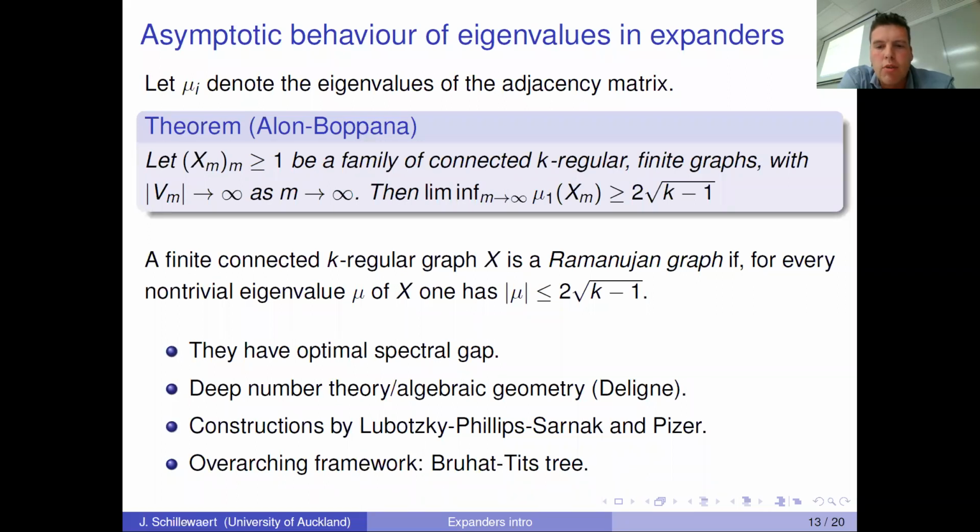I won't dwell on that too much, but with the Margulis construction, I didn't say that, but basically these graphs all come from some overarching infinite objects, and then you take quotients, and like that you get a family that grows. Here it's the same. I will give hands-on constructions, and you will see it depends on a parameter that can then grow. But you can also describe it as quotients coming from an infinite object, which is this Bruhat-Tits tree. That's actually the better way to look at this, but it's quite technical.